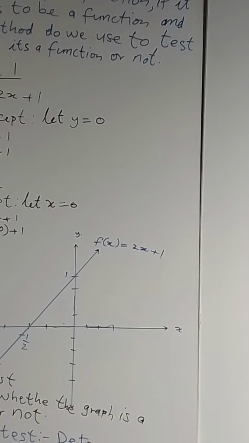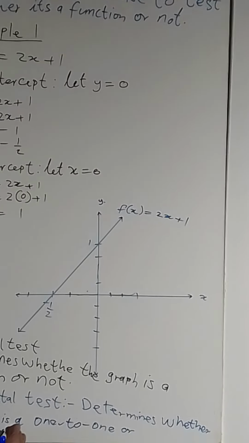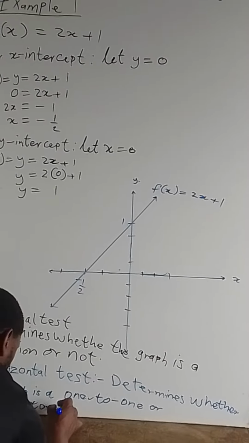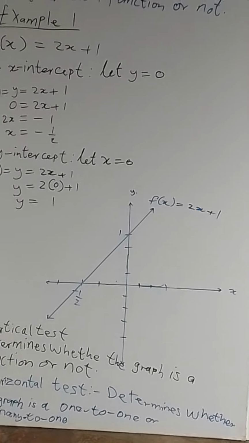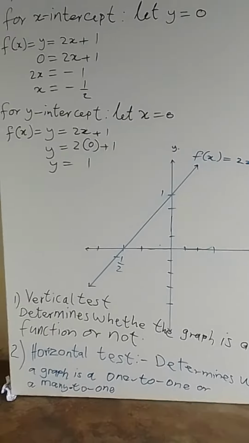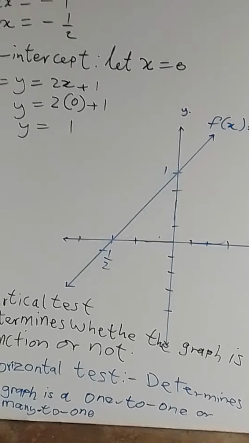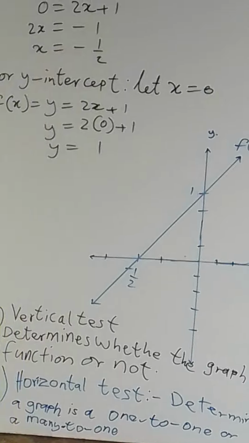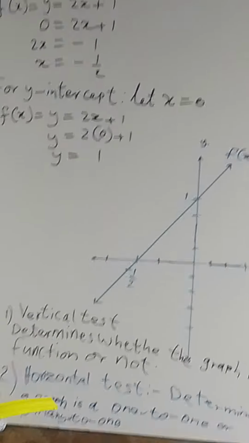A many to 1. Yes. This is what I want you to go through with me, to explain more things here. If you determine by a ruler, you are going to use your ruler on your graph to determine the first point, which is a vertical test.